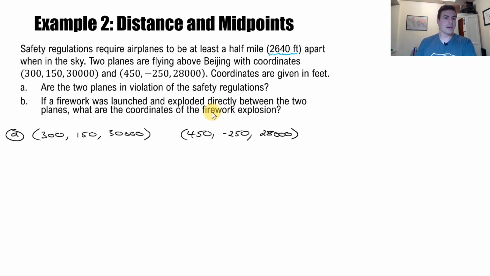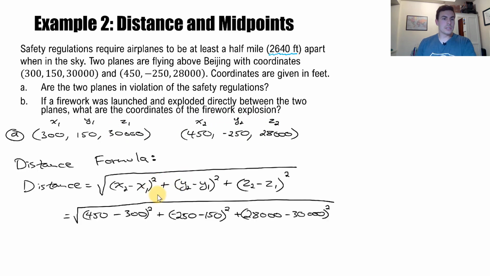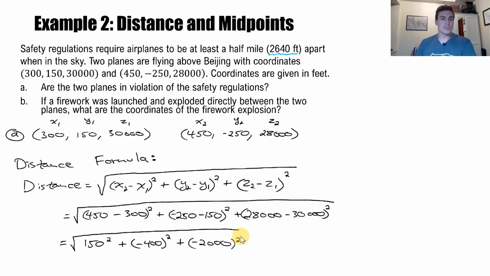So let's take care of A first. Let's find out if they're in violation of our safety requirements. So I've got our coordinates given here, and then we've got our distance formula. We want to see exactly how far these 2 planes are from each other. So we're going to have x1, y1, z1 here, x2, y2, z2 here, and we just plug those straight into our distance formula, and we'll get a square root of 150 squared plus negative 400 squared plus negative 2000 squared.